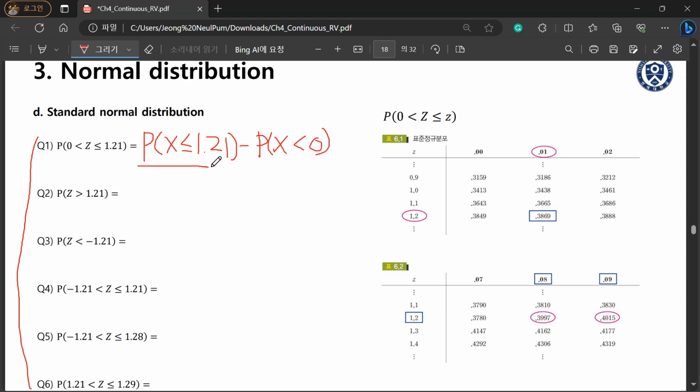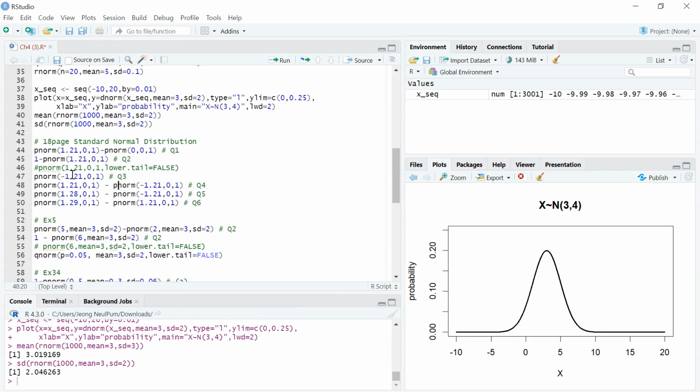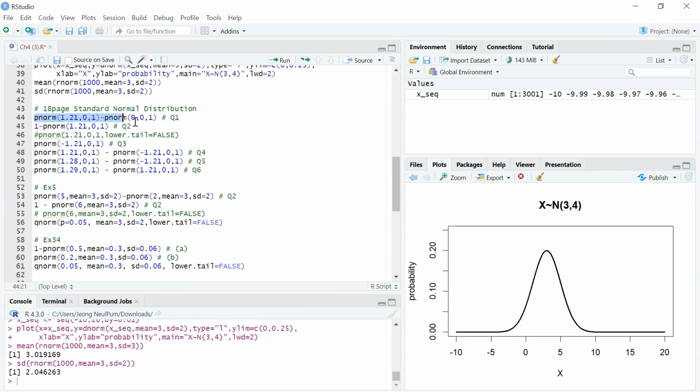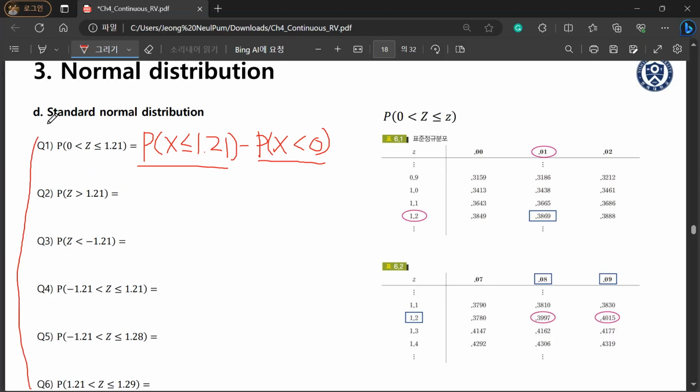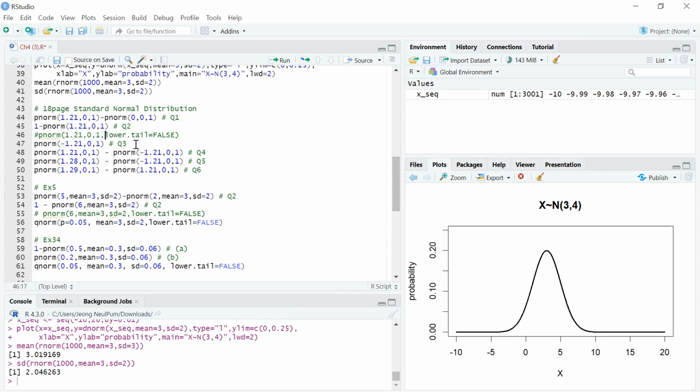These two values can be the result from each CDF function. So we can use the CDF function here for question number 1. Because we are dealing with a standard normal distribution, our mu is 0 and standard deviation is 1 as our hyperparameters in each pnorm function.